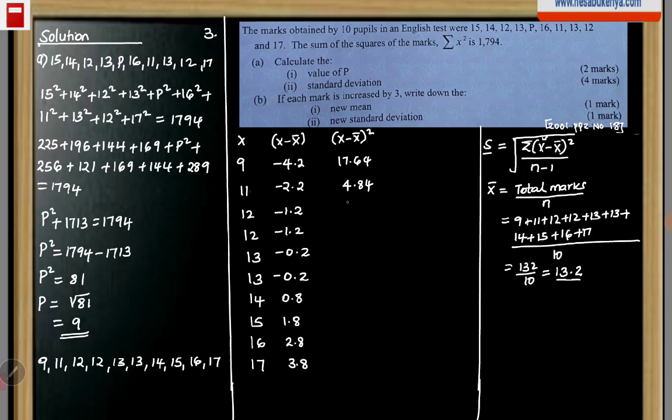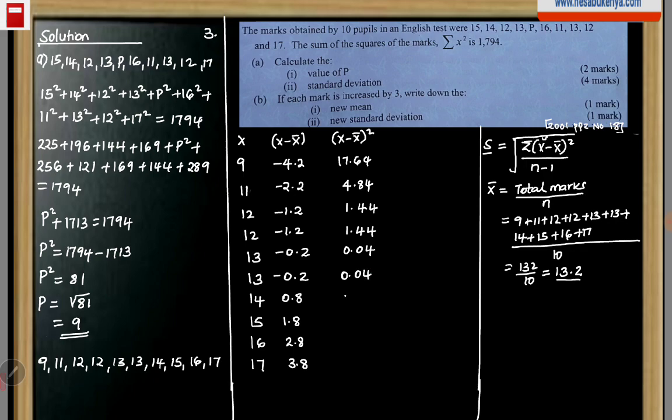Negative 1.2 squared is 1.44. Negative 1.2 squared is 1.44. Negative 0.2 squared is 0.04. Negative 0.2 squared is 0.04.